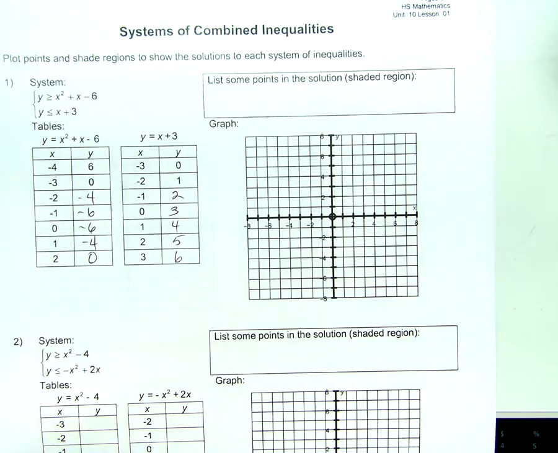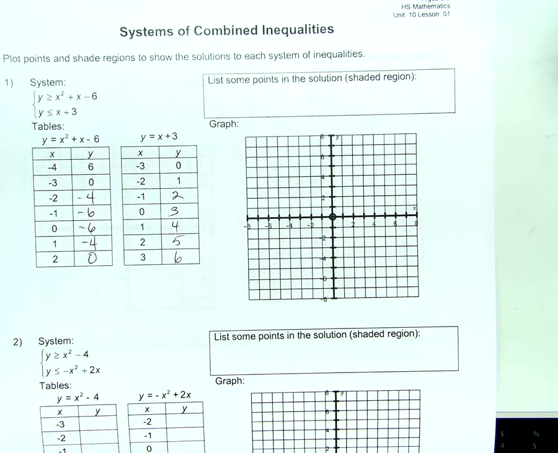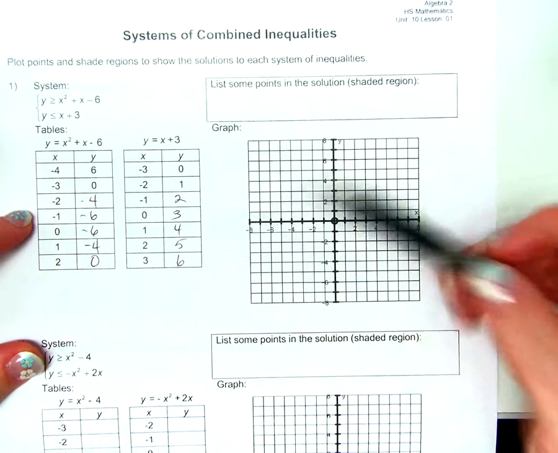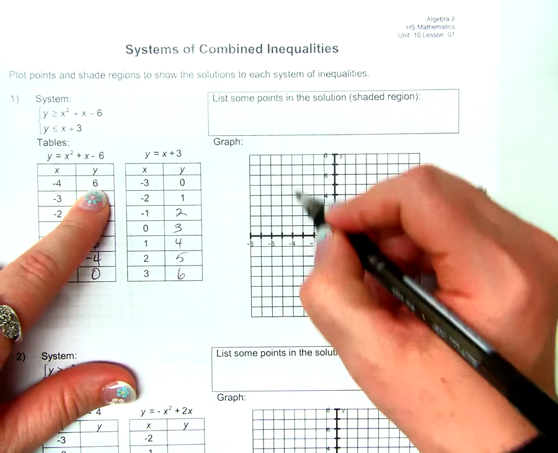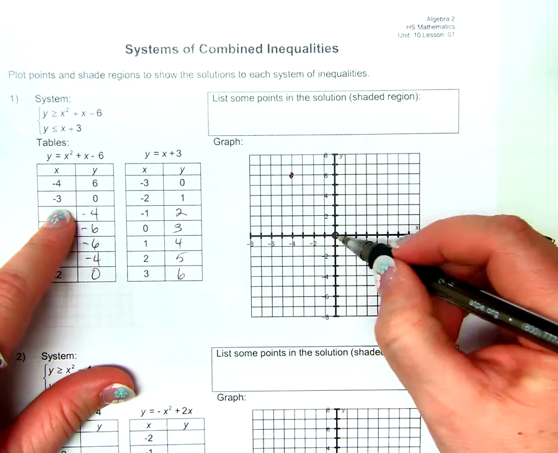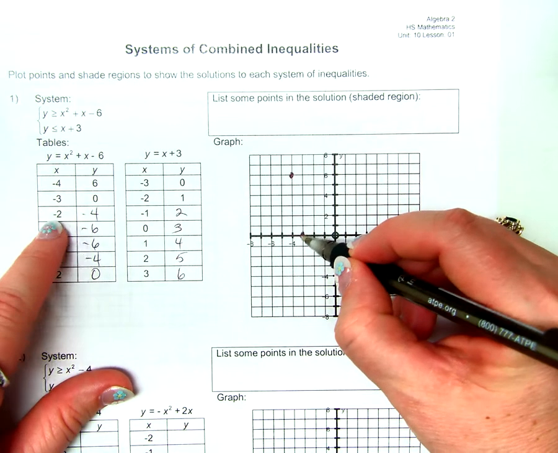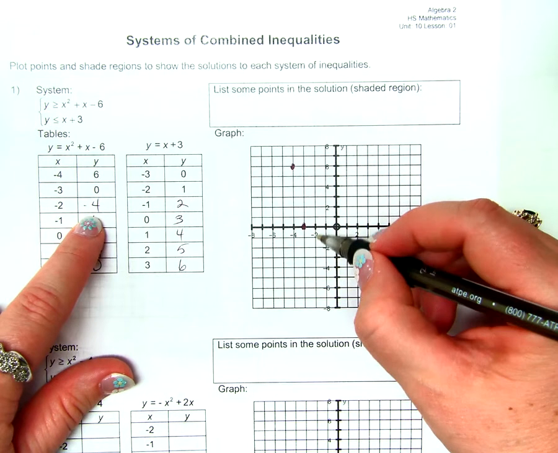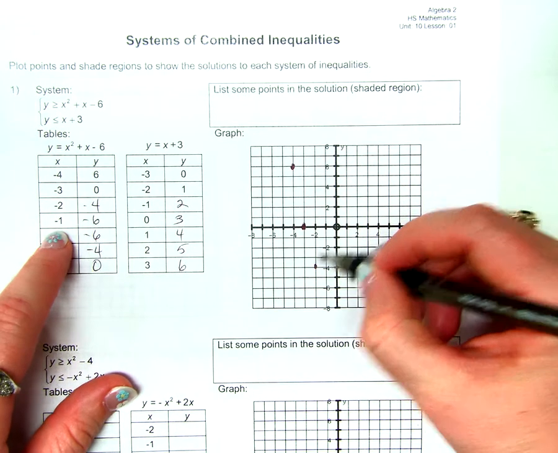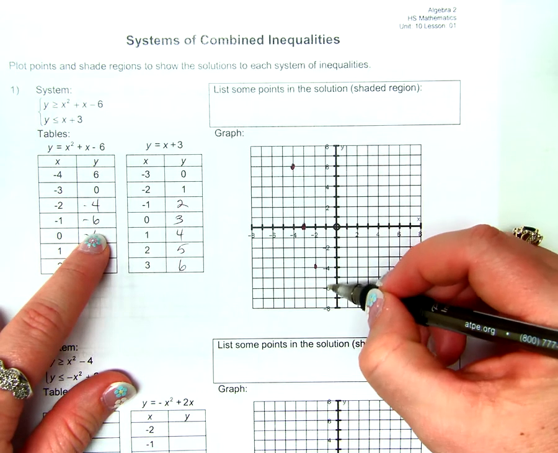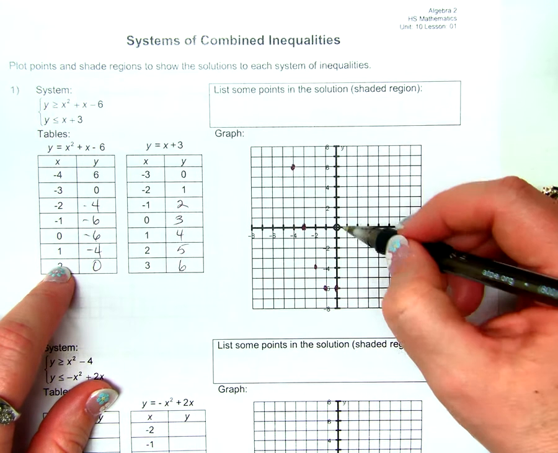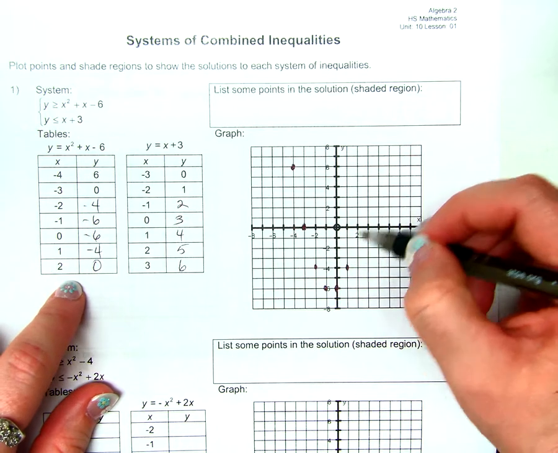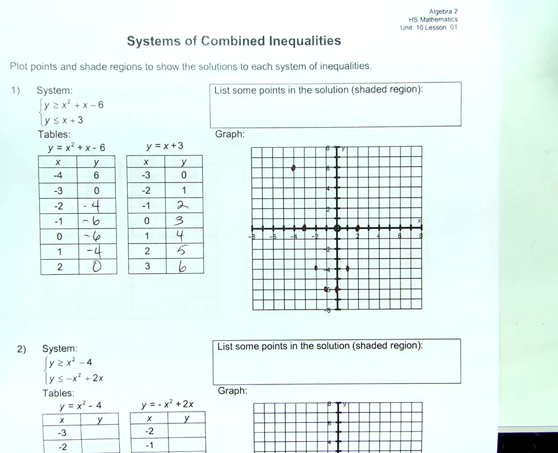Okay. So I need to plot the first one, right? Negative 4, 6. Negative 3, 0. Negative 2, negative 4. Negative 1, negative 6. 0, negative 6. 1, negative 4. 2, 0.